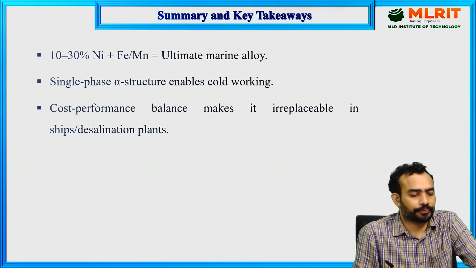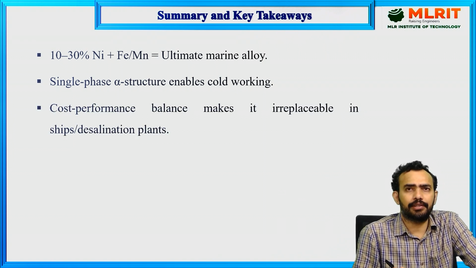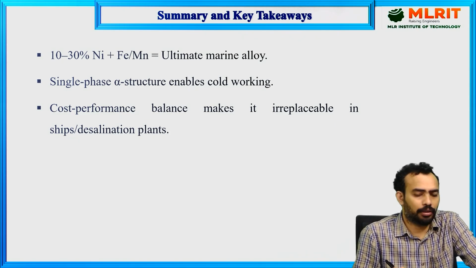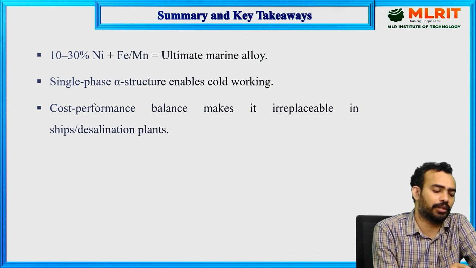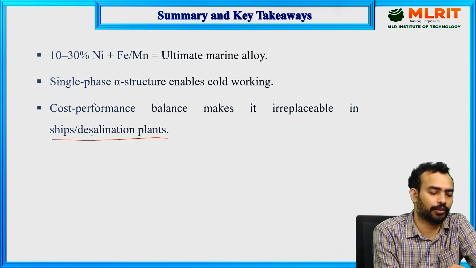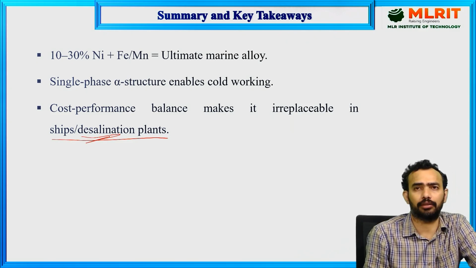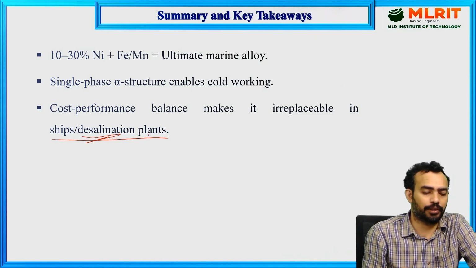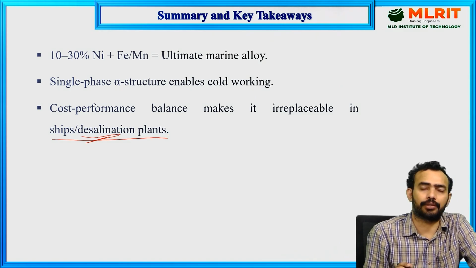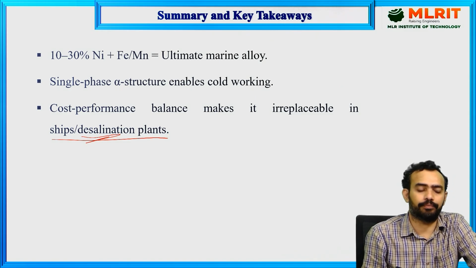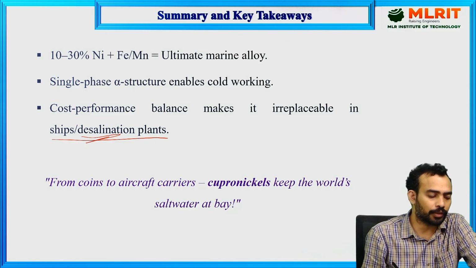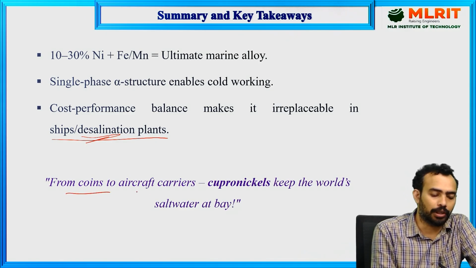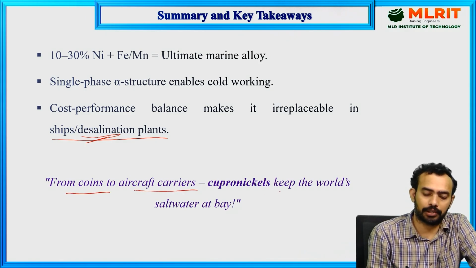And the cost performance balance makes it irreplaceable in ships and desalination plants. If you want to remove the salt, in desalination plants as well as in ships, this offers a balanced cost performance material.